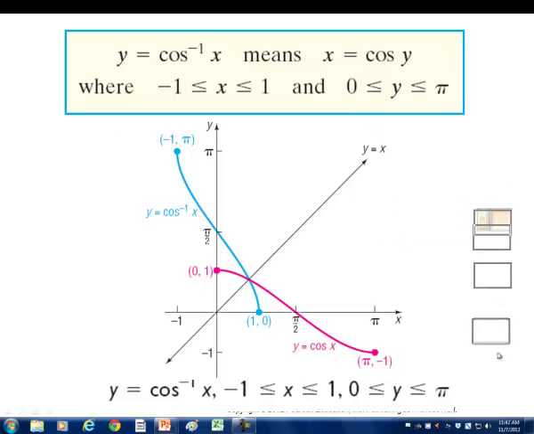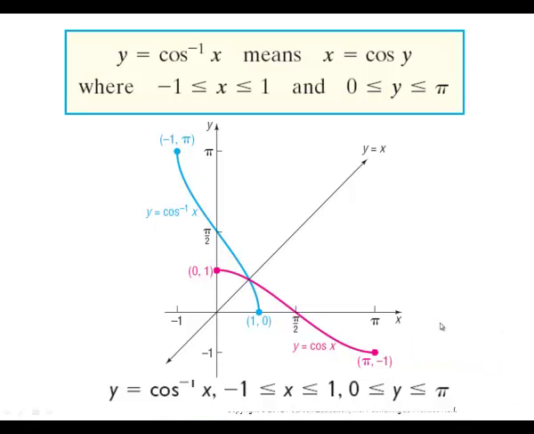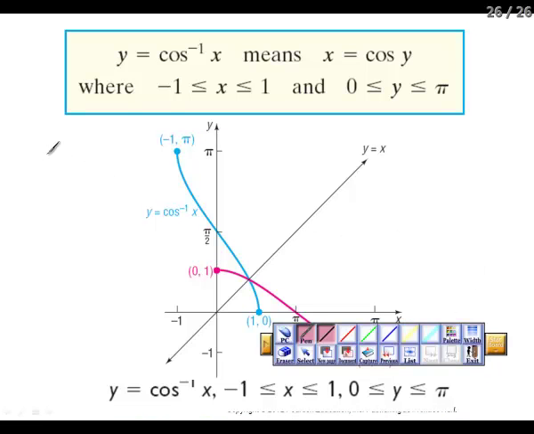So basically, for y equals cosine x, our domain is 0 to pi, and our range is -1 to +1.